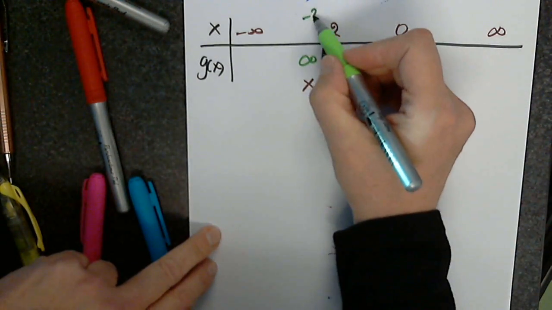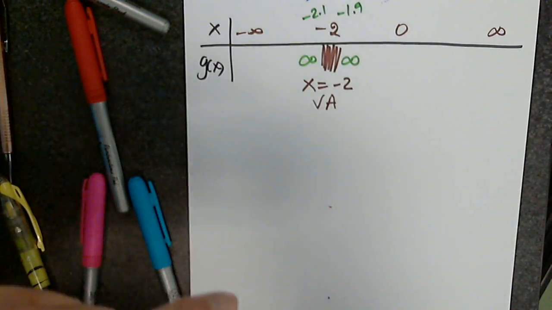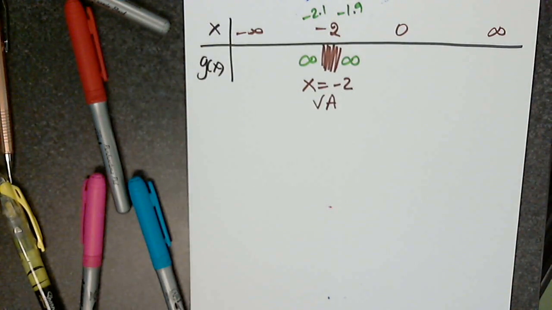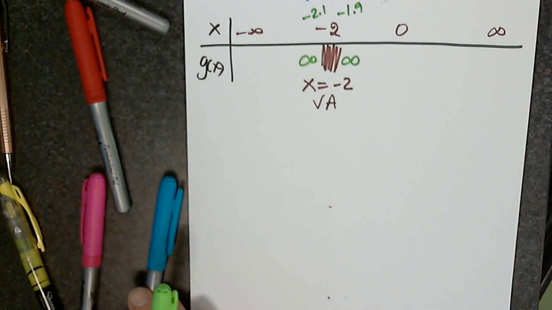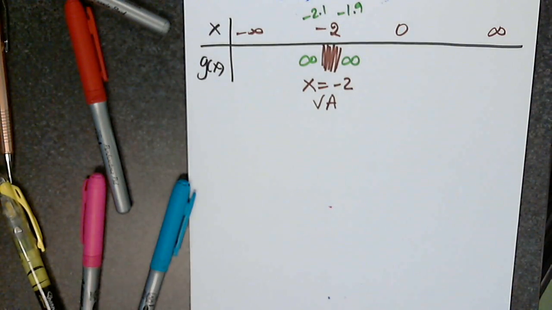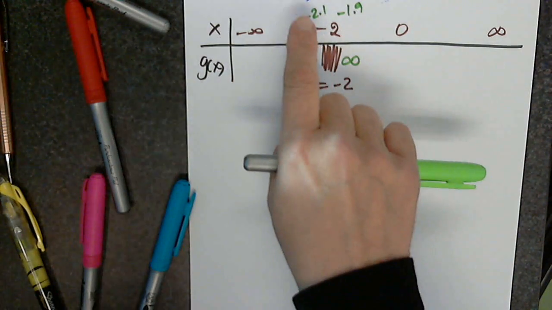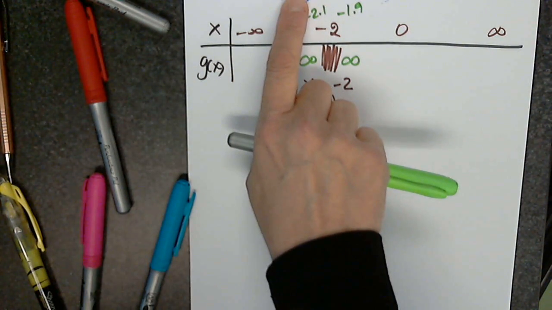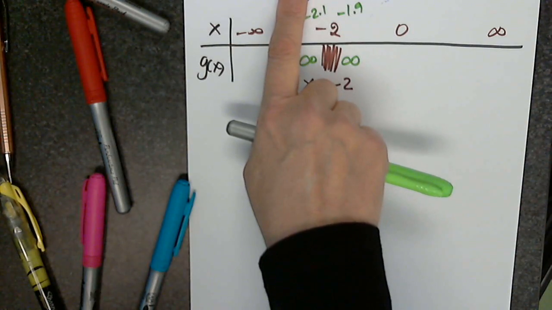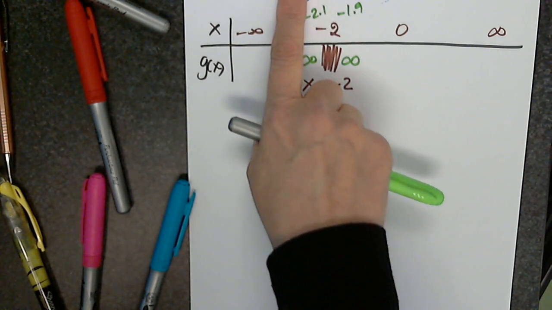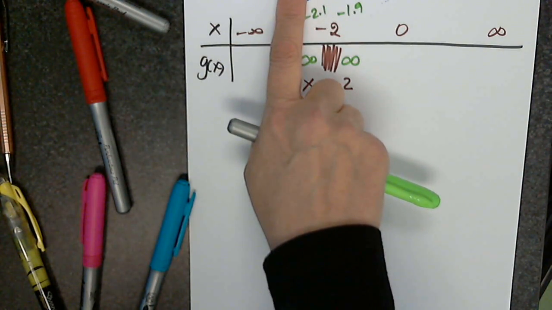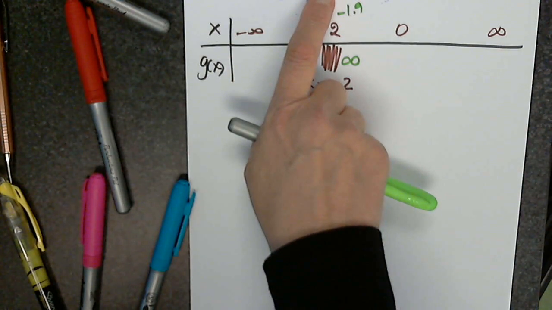So let's plug in -2.1 and -1.9. Notice that I do not put these numbers in the chart. I'm never going to plot something like that, but I need to find just the sign of the infinity. So when I plug in here -2.1 plus 2, what sign do I get? But I have to square it.